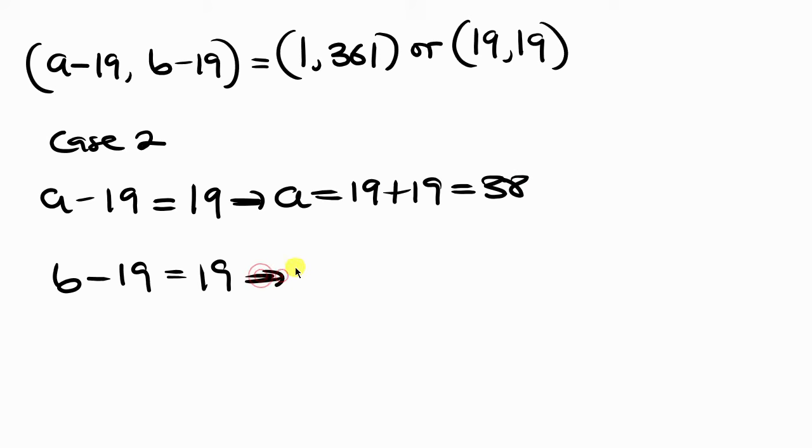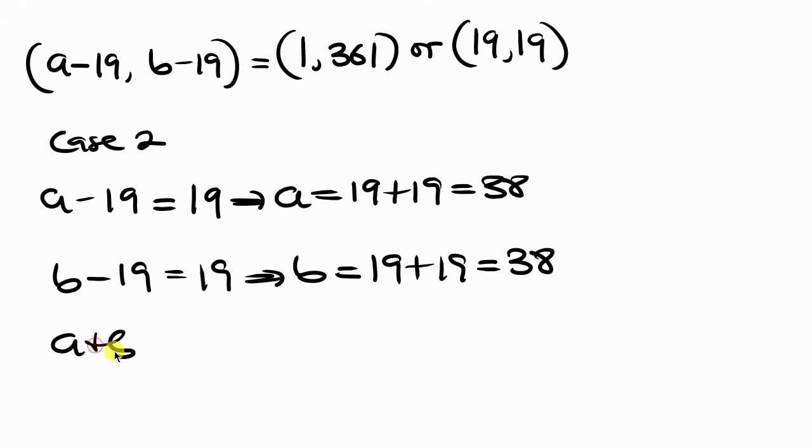Then for B, when I move negative 19 to the right, I have 19, then this becomes plus 19 equals 38. Now we're told to find A plus B. So A plus B will be 38 plus 38, which gives 76.